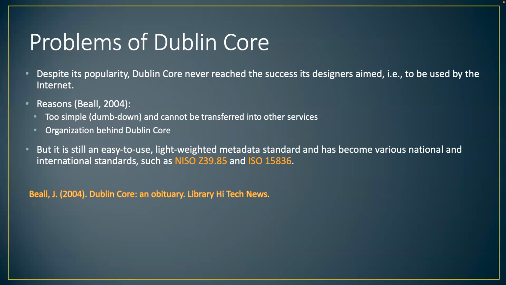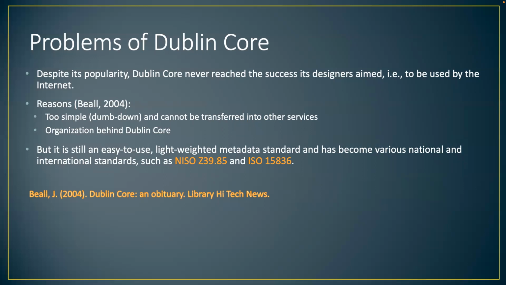And the other part is the organization behind Dublin Core. So Dublin Core was initiated by OCLC. If you go to the website of Dublin Core, I think it's very easy to have the impression that it has very good documentation, but at the same time, it has a lot of very complex documentation as well, in the sense that there are many pieces of documents containing very similar information.